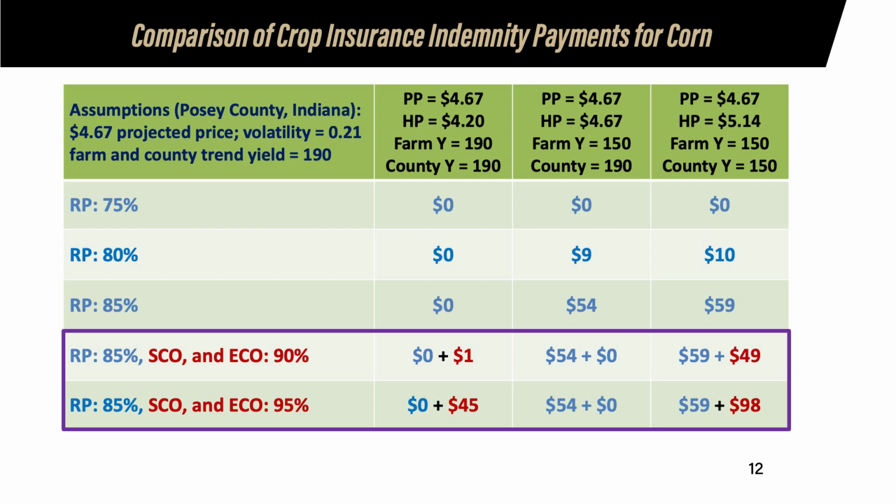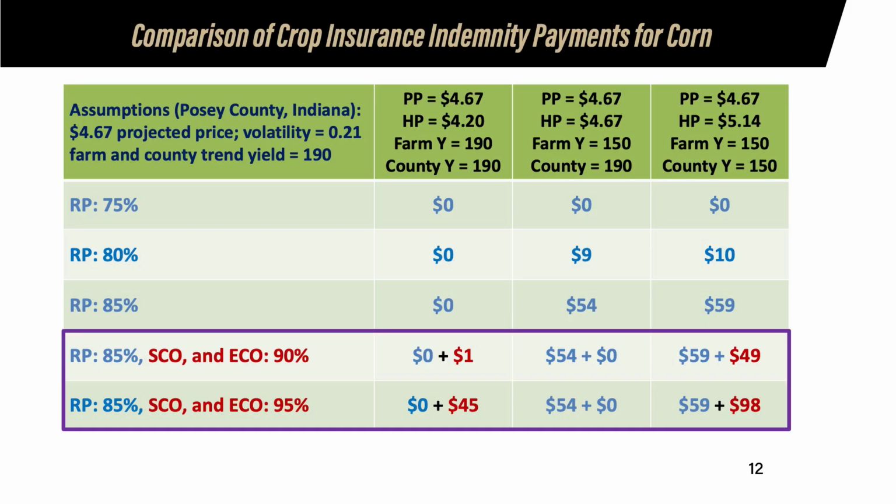It would start to trigger the 90% ECO and the 95% ECO, so even with a 10% drop you'd get some payout, in particular with the 95% ECO. It just shows you they don't have to have a very large drop in price for the 95% ECO to kick in. That assumed that the farm and the county yields were the same.